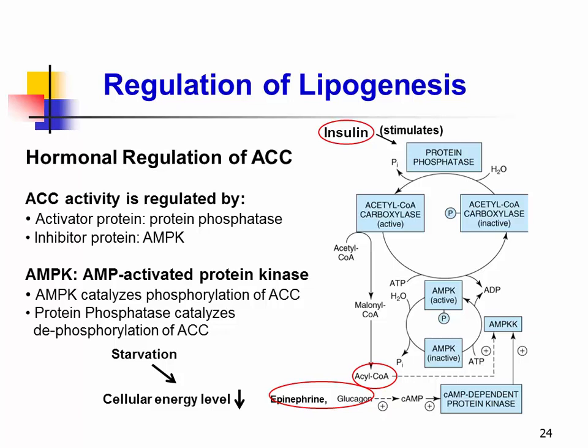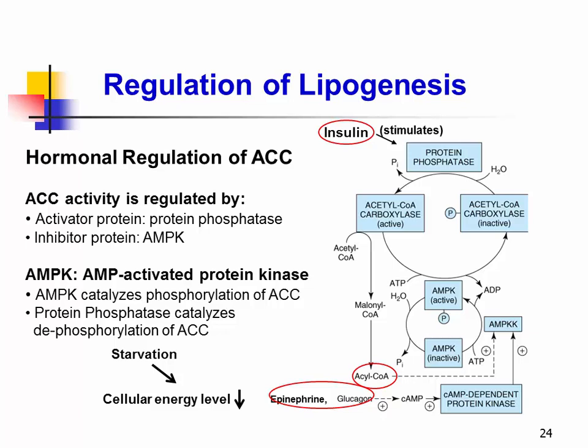Once ACC is phosphorylated, its activity goes down. That means AMPK can inhibit ACC activity and can inhibit lipogenesis.